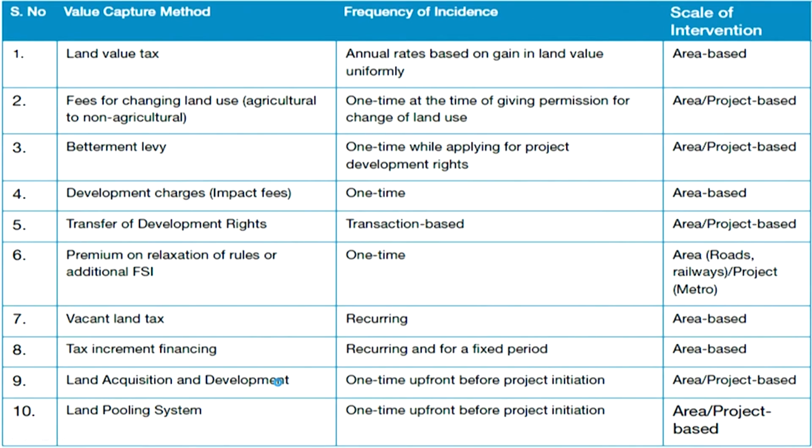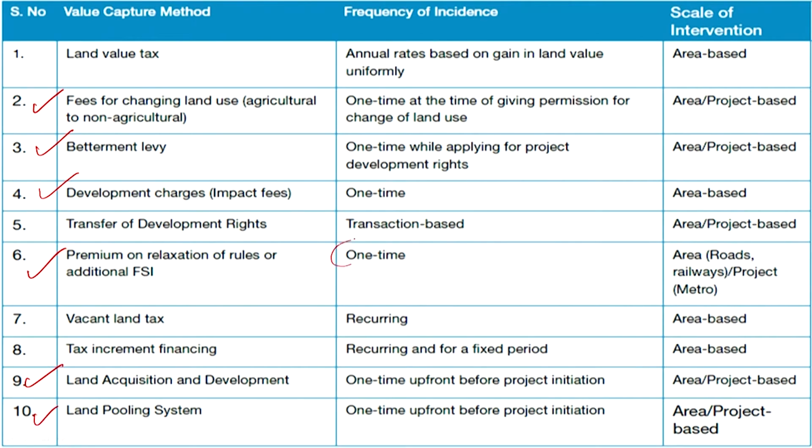This is taken from the value capture financing policy from Smart City Mission. Here you can have a look at some of the value capture financing, like say land use change, then betterment levy, development charge, and then additional FSI or FAR, then land acquisition, land pooling.